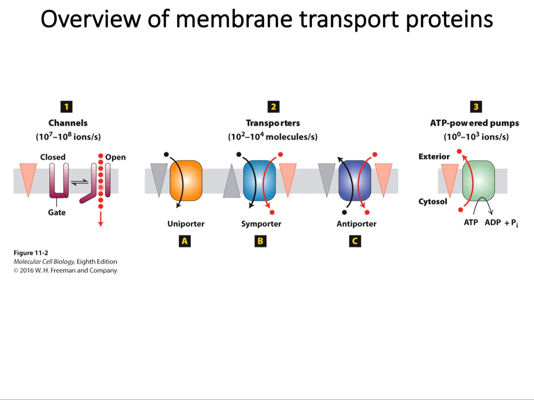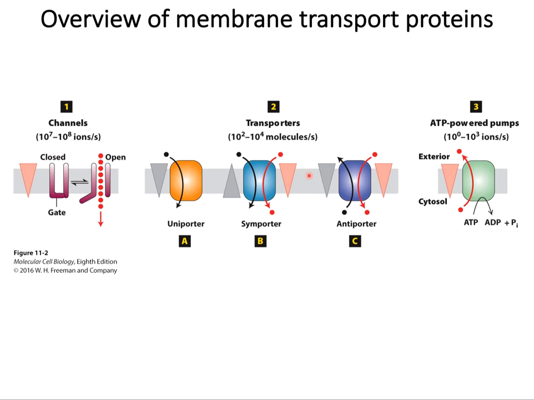The second type of transporter proteins has three types, and they facilitate movement of specific small molecules or ions. The uniporters, which are also facilitated transporters, transport a single type of molecule down its concentration gradient.